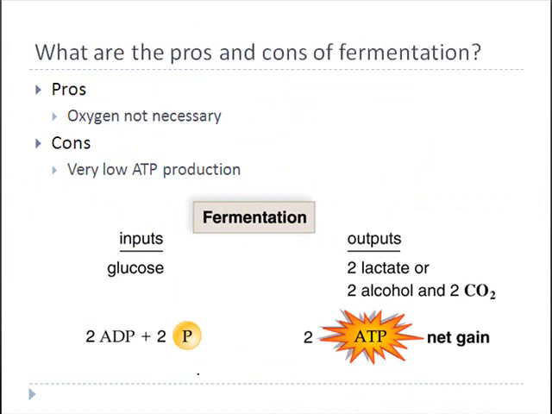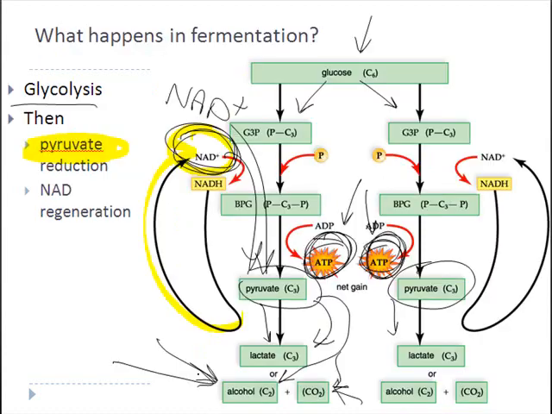Now, what are the pros and cons of these processes? Oh, let me back up one more second here. I'm sorry, I forgot to mention. In we as humans, if you go out and sprint and run a 100-yard dash, for example, a 100-meter run, there's not enough oxygen stored in your muscle tissue to support that entire sprint, and there is not sufficient time for your circulatory system, your heart and blood vessels, to ramp up to speed with delivering additional oxygen to your muscles.